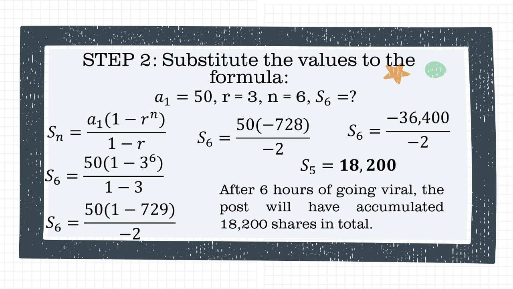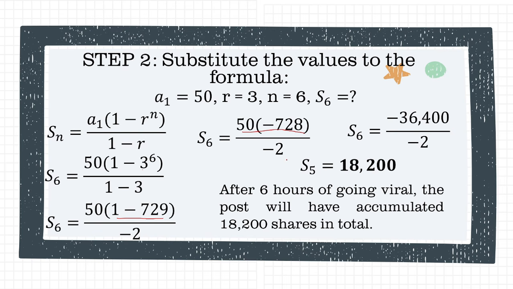Next, copy 50, and 1 minus 3 raised to 6, that is 729, divided by 1 minus 3, that is negative 2. Next, S of 6 is equal to 50 times 1 minus 729, that is negative 728, divided by negative 2. Multiplying 50 and negative 728 gives negative 36,400 divided by negative 2.